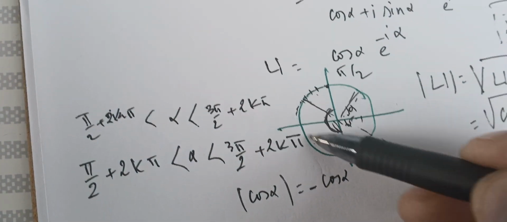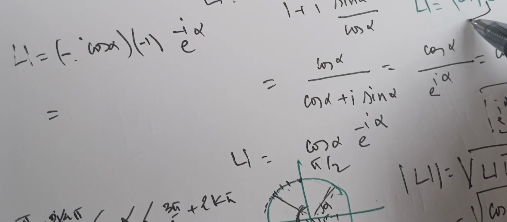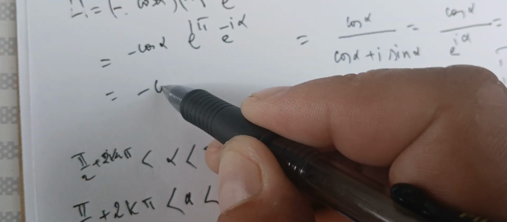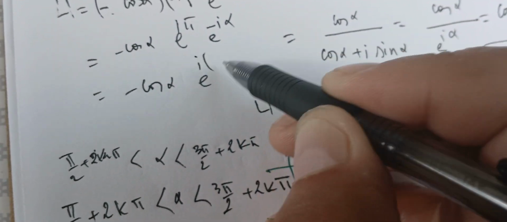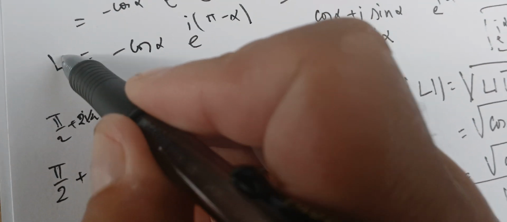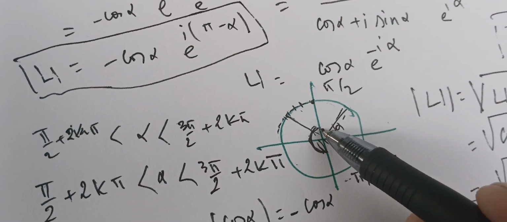Here, the minus cosine alpha is positive, and therefore I have this minus 1. I need to get rid of it because, according to the definition, the coefficient has to be positive. So I write minus 1 as e^(i pi), giving e^(i pi) e^(-i alpha) times minus cosine alpha. Therefore u is minus cosine alpha e^(i(pi minus alpha)). This is the exponential form when I'm here.